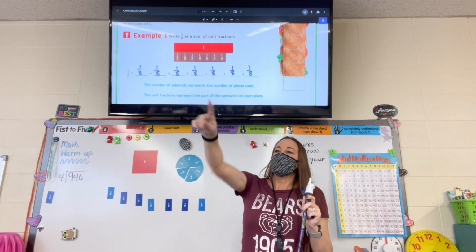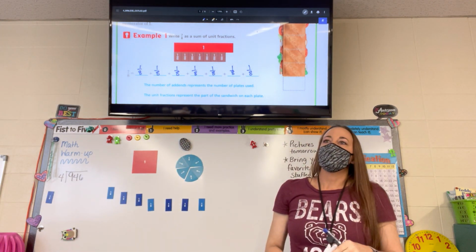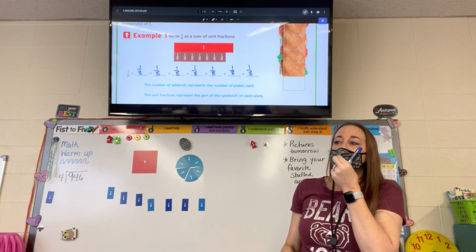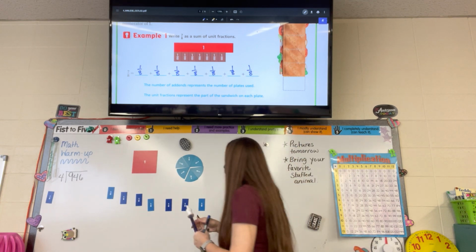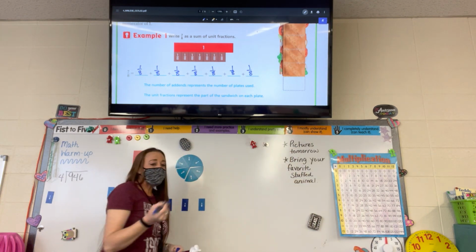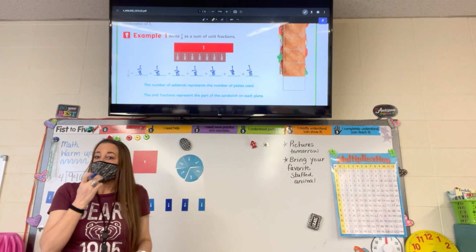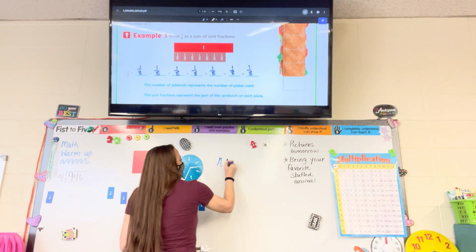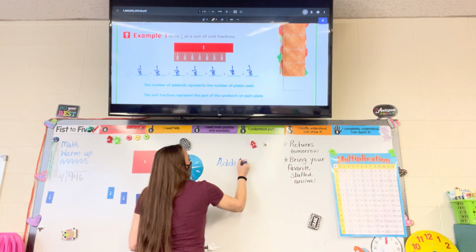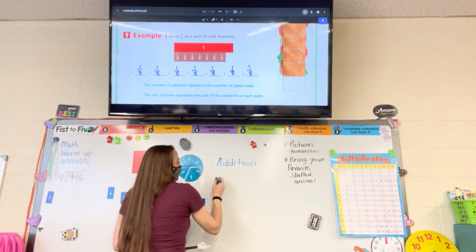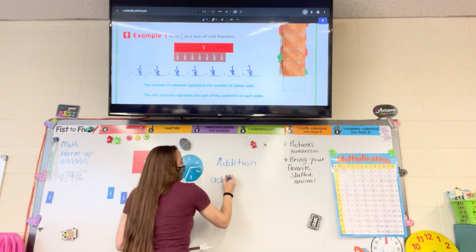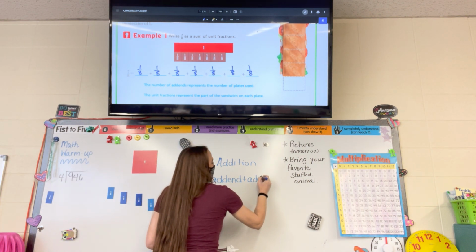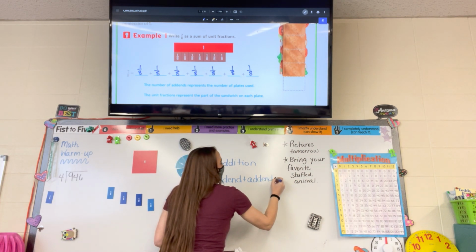On the window back there on our anchor chart, the very one that's closest to the bathroom says math vocabulary. It's kind of hard to see from up here, but you guys did glue this in your notebook yesterday, or on Tuesday, and this is what it says. Addition, these are the parts of an addition problem. Add-in plus add-in equals what?